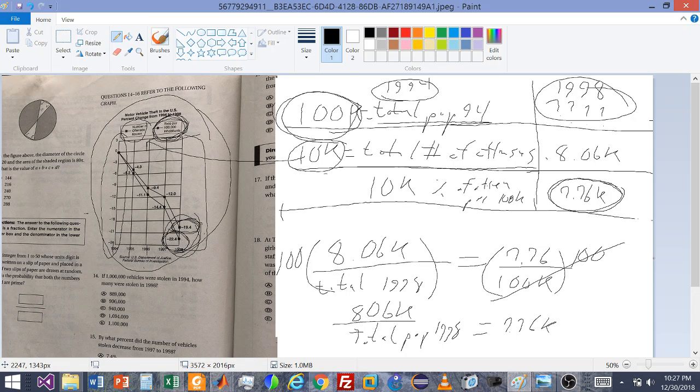The K always represents thousand. So now I'm just going to cross multiply by this number on both sides. So total on this side is going to divide out total on this side. Finally, we're at a place where I can just divide this number by this to get my total population.